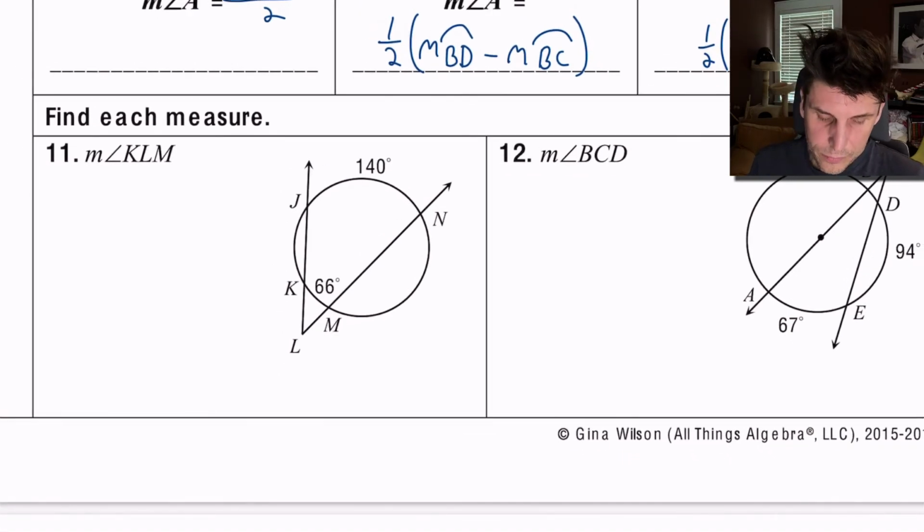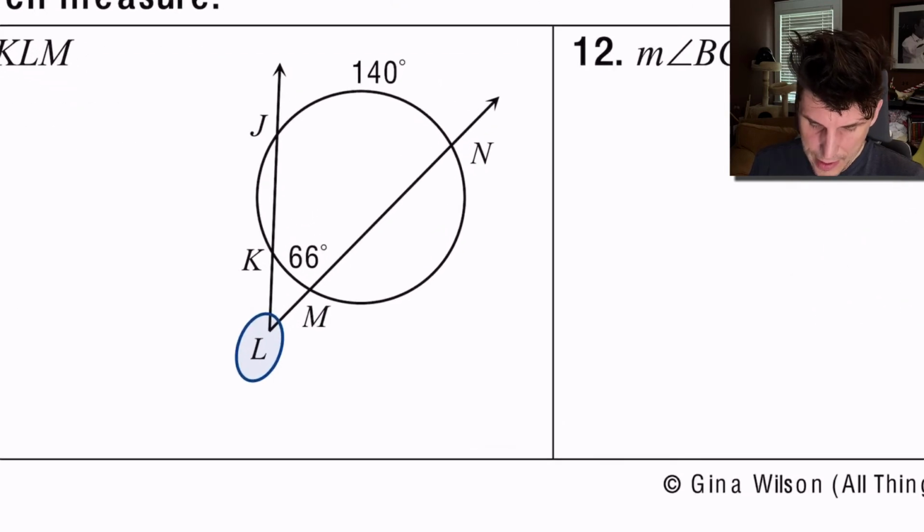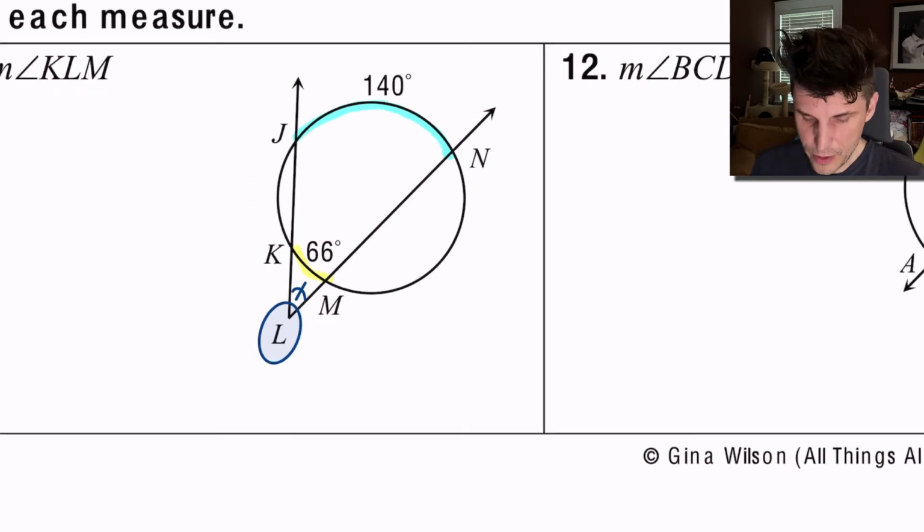All right. So angle KLM, that's right here. They want us to find that, so I'm going to call that X for simplicity. Here we're directly finding the angle. Let's highlight those intercepted arcs. They have them labeled, that's wonderful.